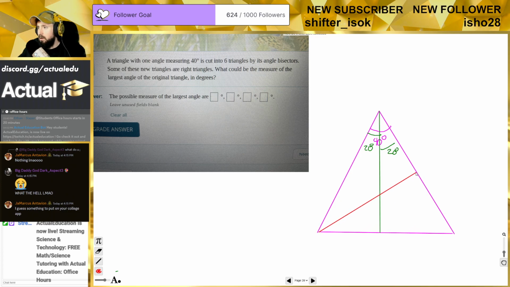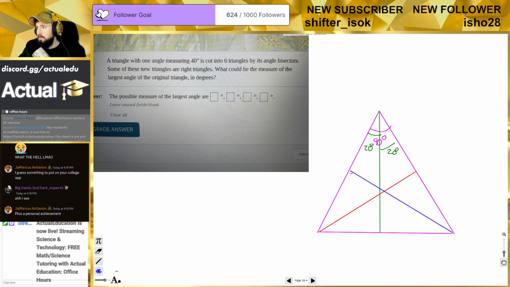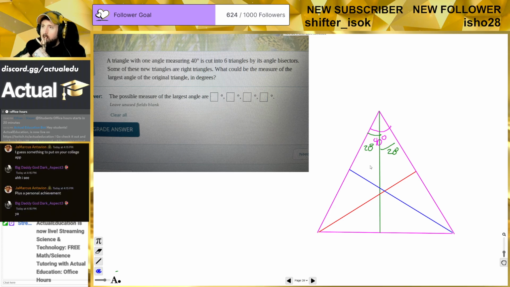So this is going to get cut in half, and then this one's going to get cut in half. Okay, they say they form six. It forms 6 triangles. Where are the 6? Oh, I see. Okay, I see what they're saying.